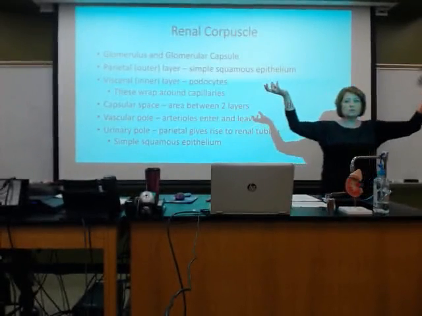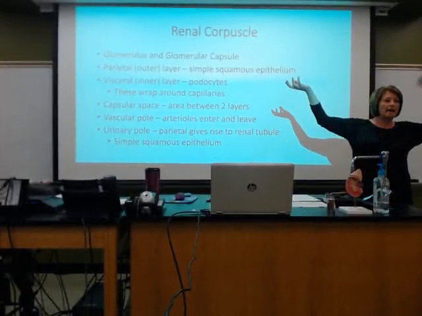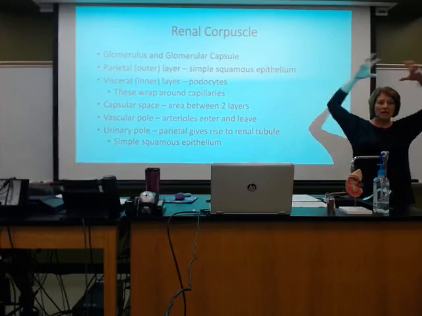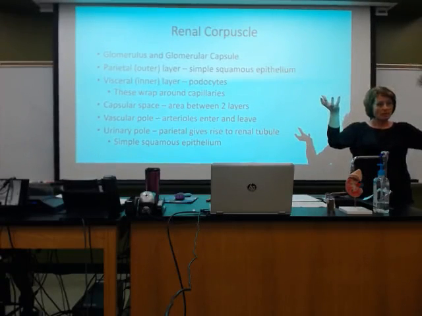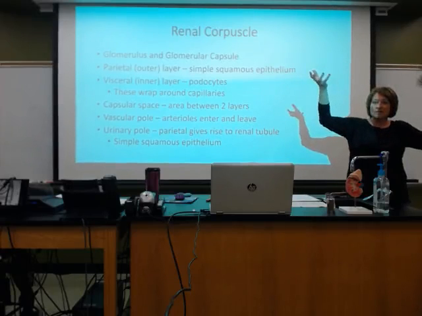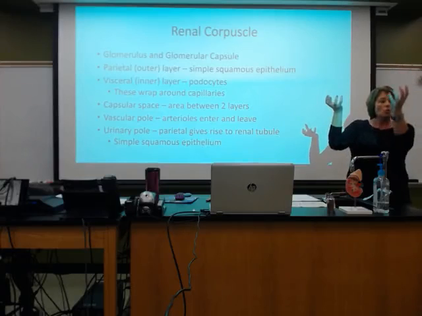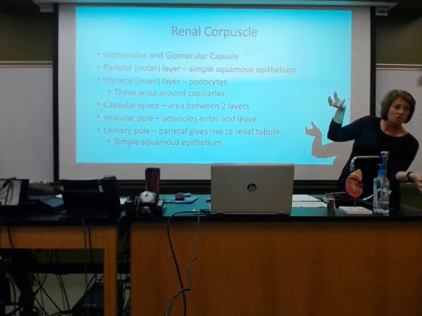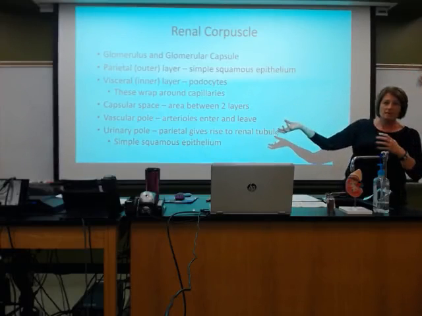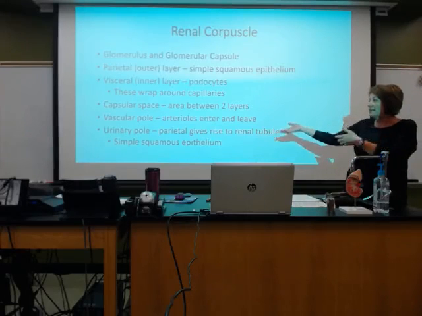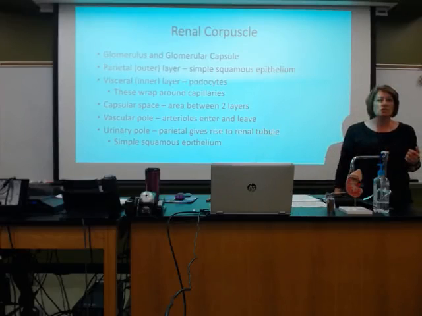That is simply referring to the sides of that capsule. Because one side had to bring in the blood, one side had to meet the tube that's going to form the urine. So does that make sense? Yeah. Vascular versus urinary.